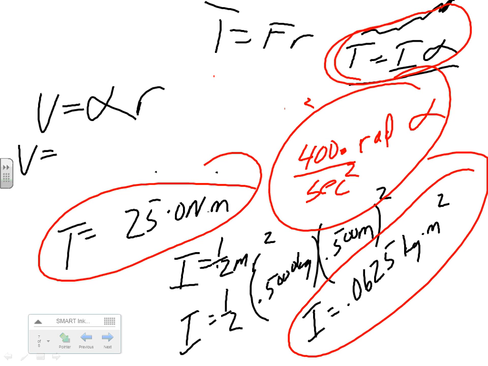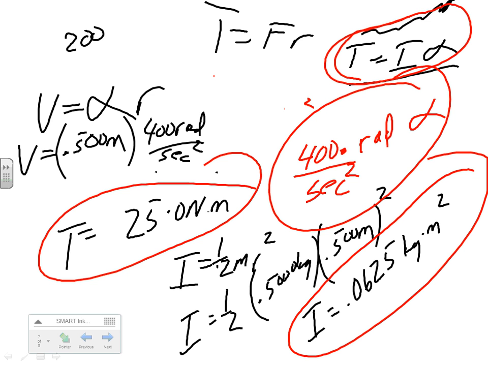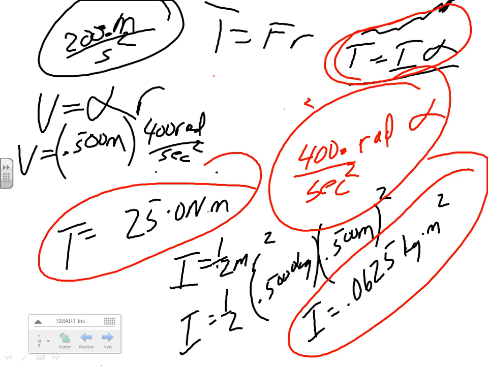So once again, our radius here was 0.5 meters times our angular acceleration of 400 radians per second squared. So we end up with a linear acceleration of 200. Again, we drop the radians, meters per second squared as our linear acceleration rather.